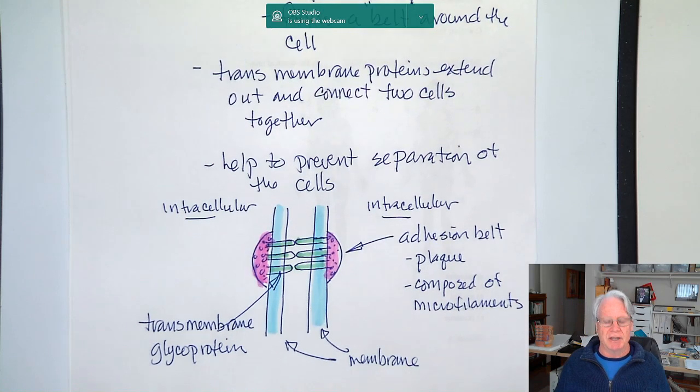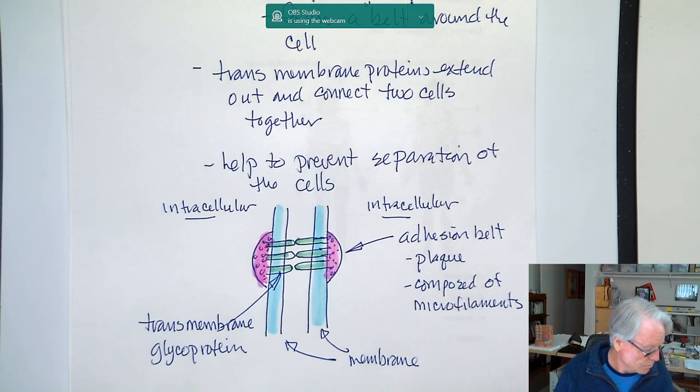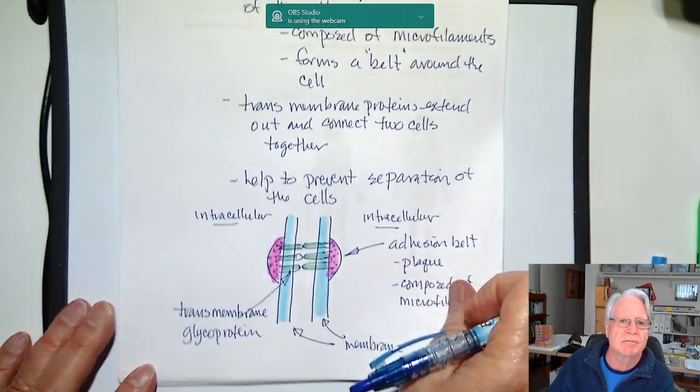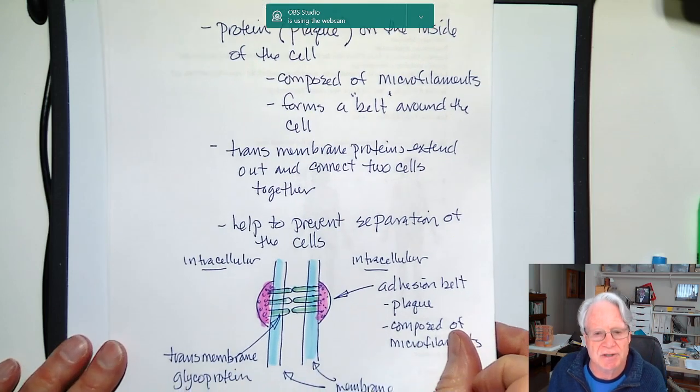And that's how we're going to connect one cell to another. All right. So that's your adherens. It's a strong connection. It's gluing two cells together.